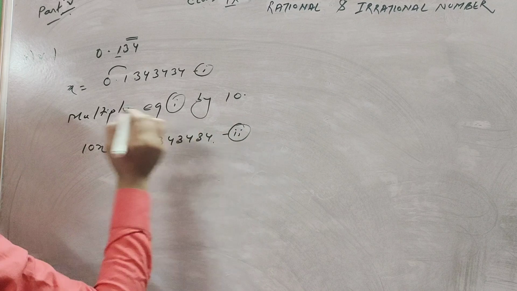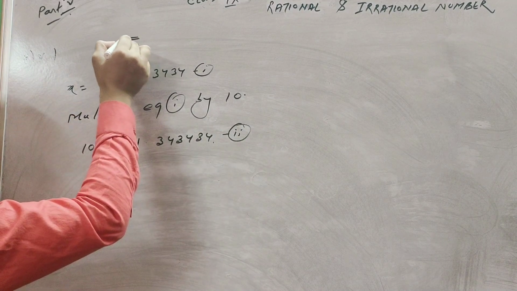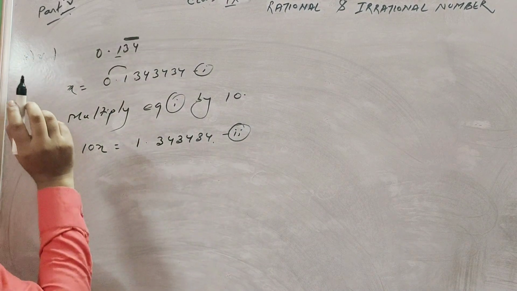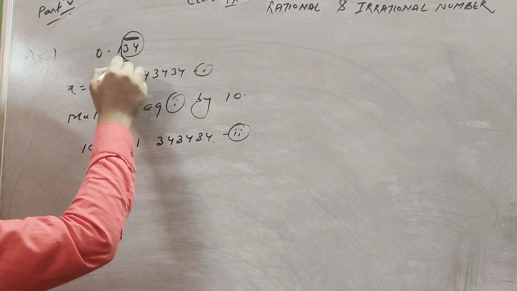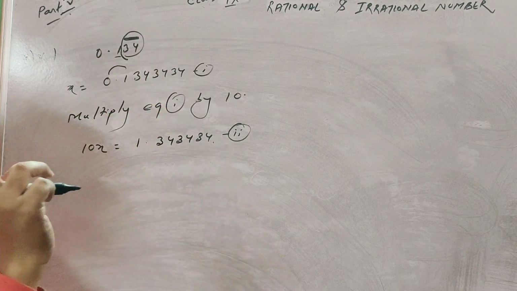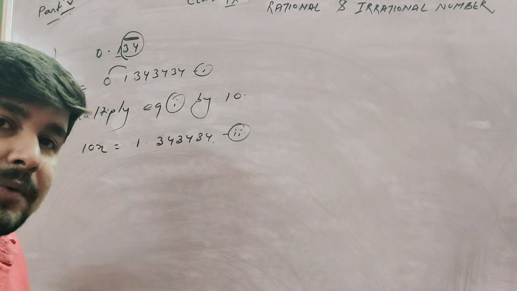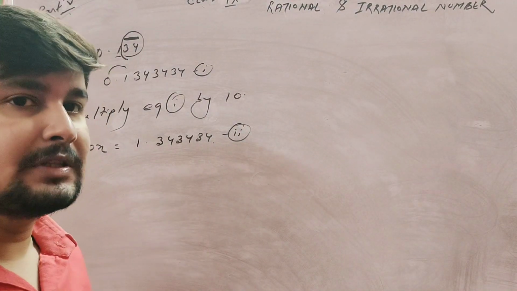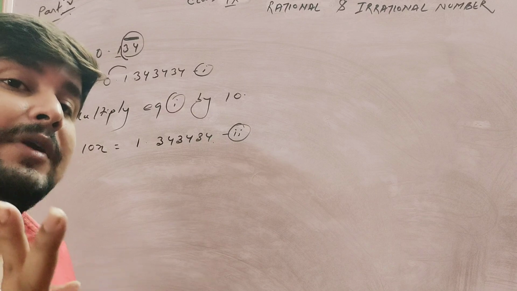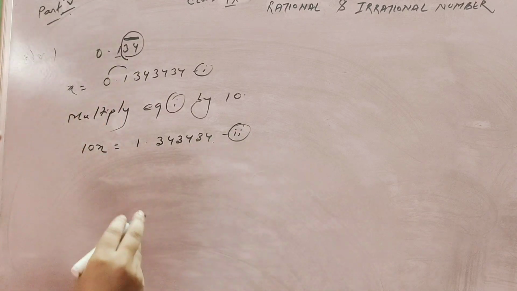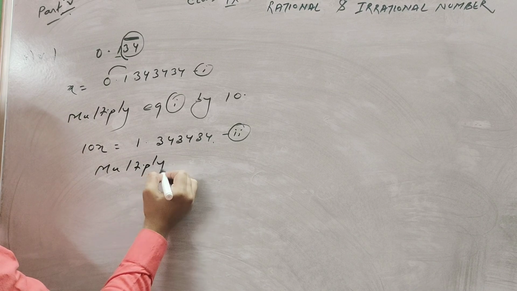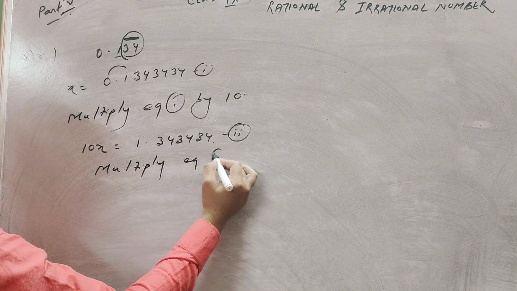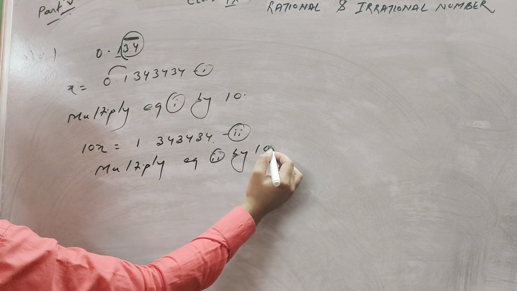This is your equation 2, and two numbers are continuously repeated, so multiply by 100. If one number is repeating, multiply by 10. If two numbers are repeating, multiply by 100. If three numbers are repeating, multiply by 1000. So multiply equation 2 by 100.